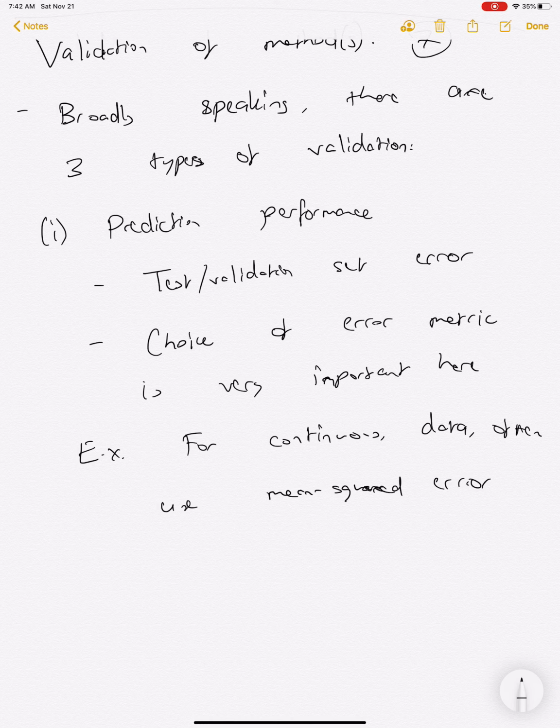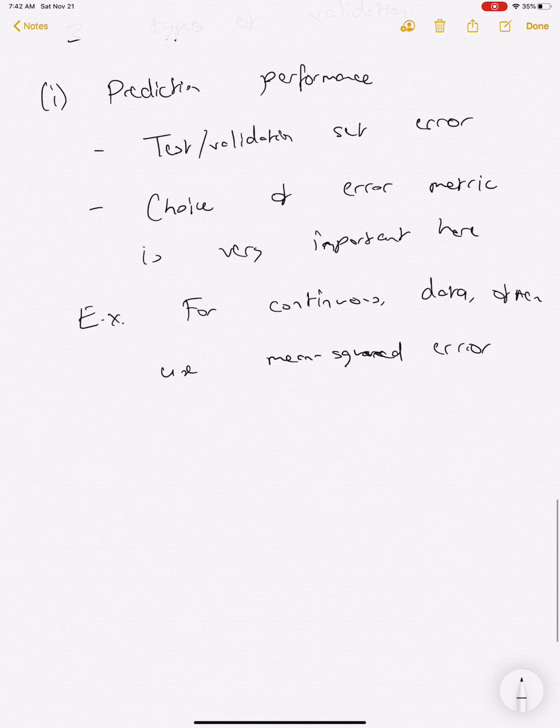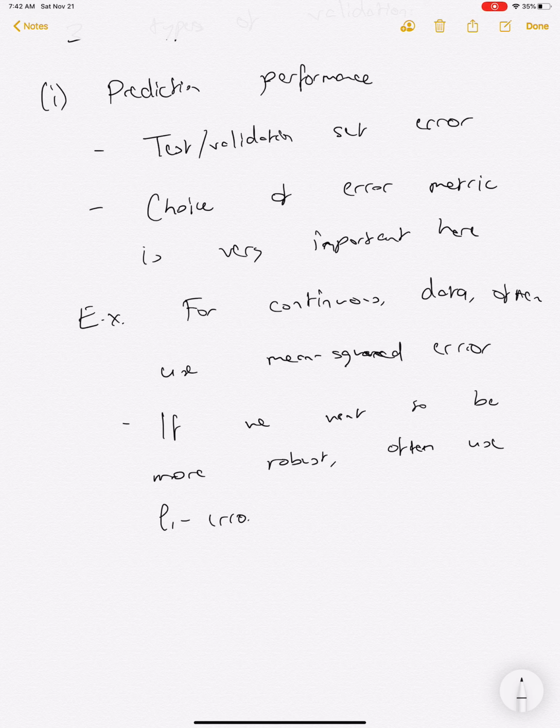For example, if we want to be more robust, we often use L1 error instead, because that's more robust to outliers, and that's what leads to using things like the medians or the interquartile ranges rather than means and variances.